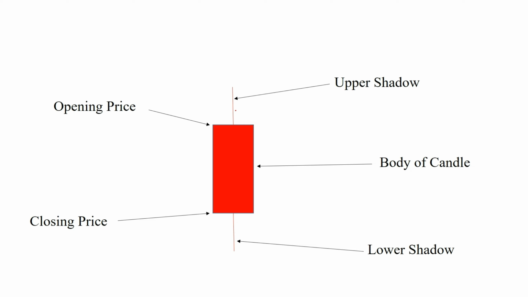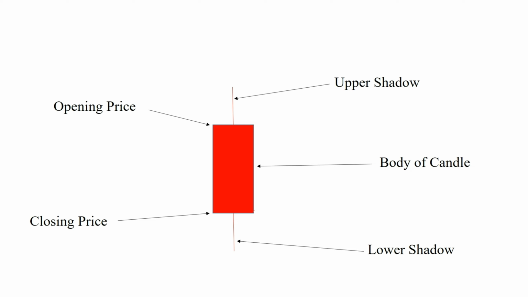The upper shadow means that the buyer wants to buy the share at a higher price, but they couldn't do this, and eventually the price decreased and came to this point. The lower shadow tells us that the sellers wanted to decrease the price and sell, but finally they couldn't succeed in their mission, and the closing price was here.